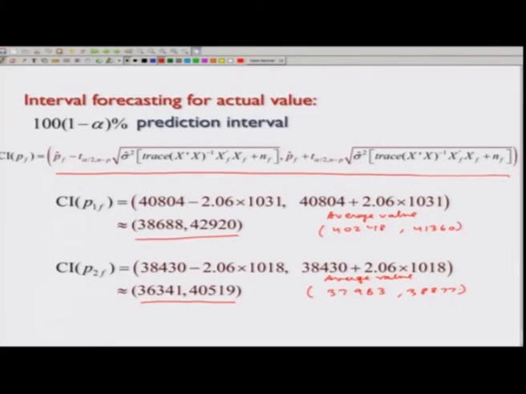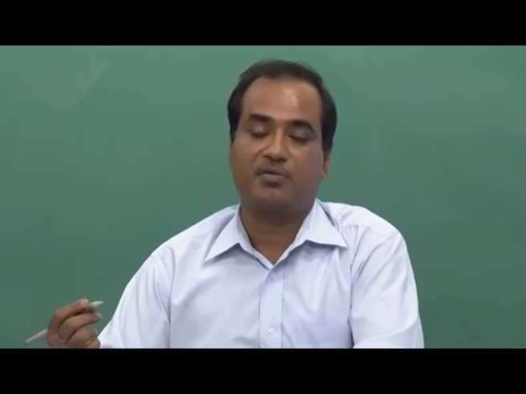So, again you see that the prediction intervals for the actual values here are wider in comparison to the prediction intervals for the average value. And this again confirms our theoretical finding that whenever we are trying to forecast the actual value, the standard errors are going to be higher and the prediction intervals are going to be wider.